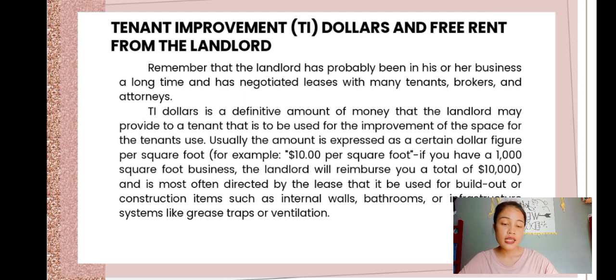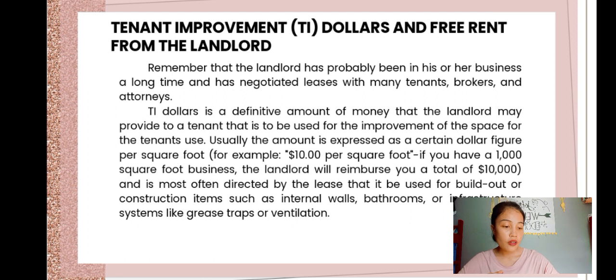So TI dollars is a defined amount of money that the landlord may provide to a tenant to be used for the improvement of the space for the tenant's use. Usually the amount is expressed as a certain dollar figure per square foot. For example, $10 per square foot.